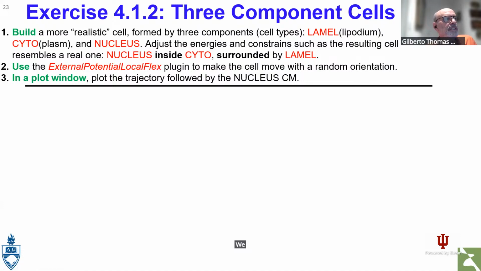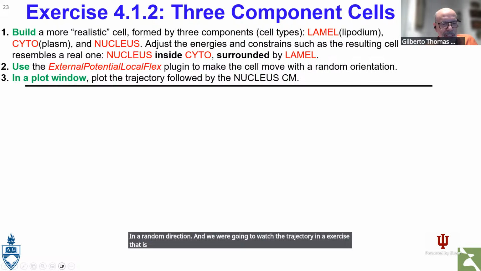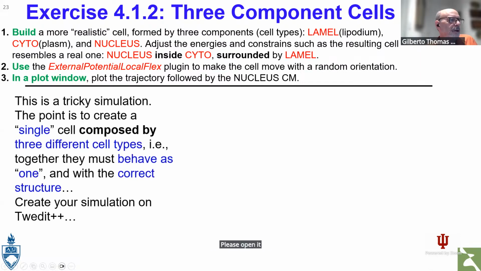We are going to use this external potential local flex plugin to move the cell in a random direction if you want. And we are going to watch the trajectory in an exercise that is homework. This exercise is 4121. Please open it.